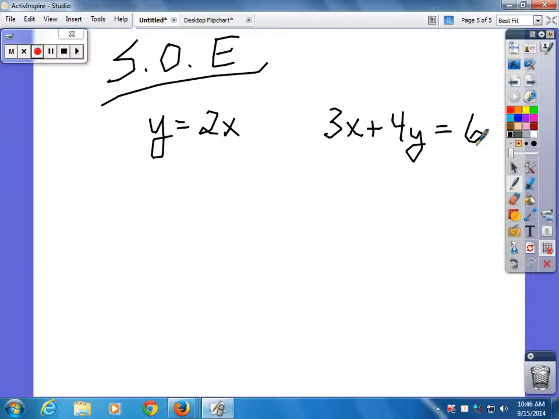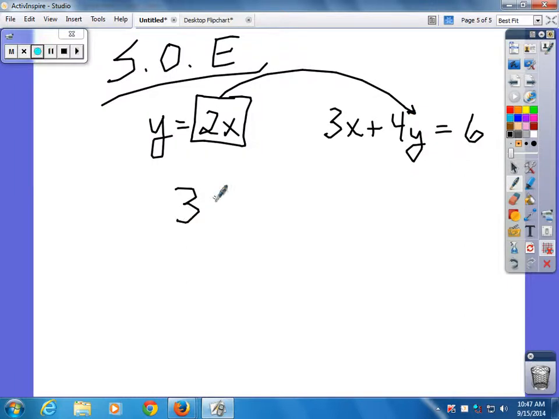Now, what were you taught to do when you're given something like this? Substitute. Yes. Substitute in 2x wherever there's a y.